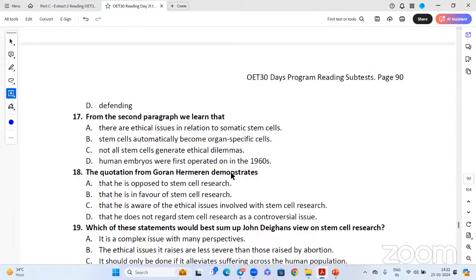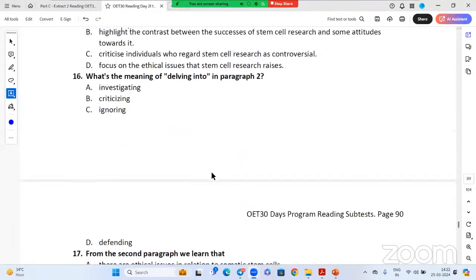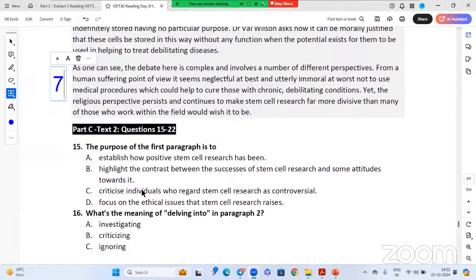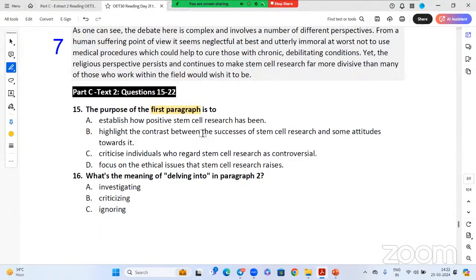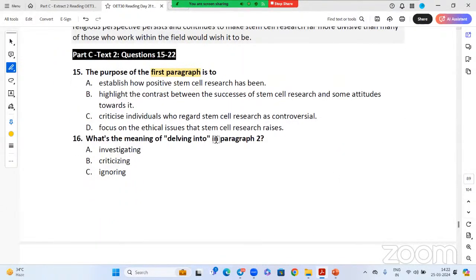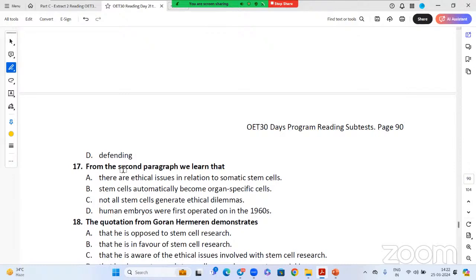So, analysis. Next, go to the questions and check them out. Here he is telling this is the first paragraph. Then this is telling paragraph 2. In paragraph 2, so that shows that it is in the second paragraph.